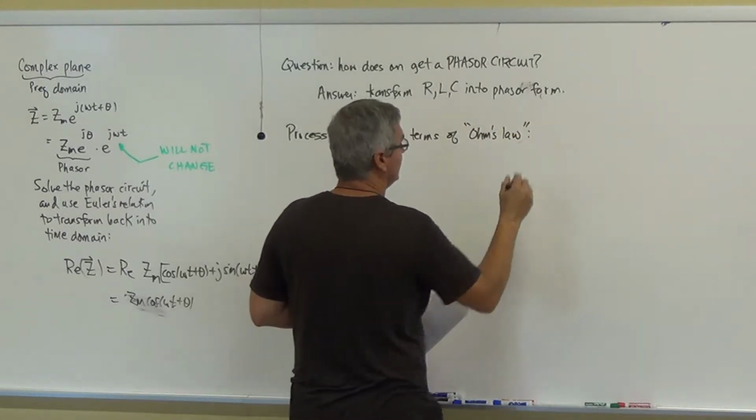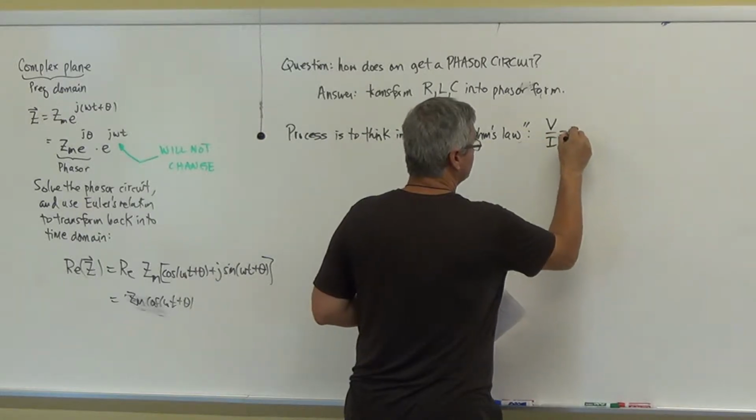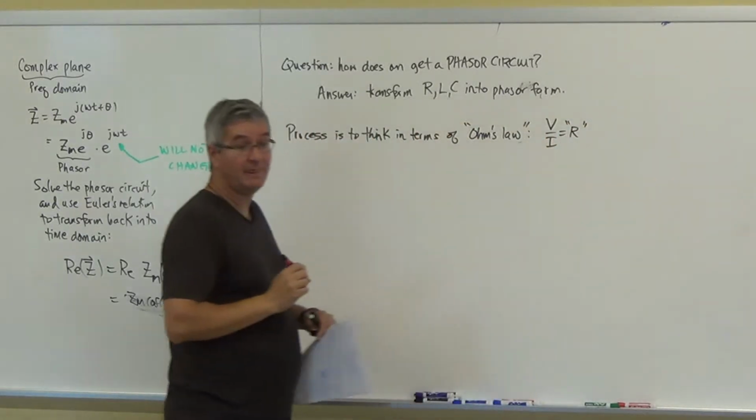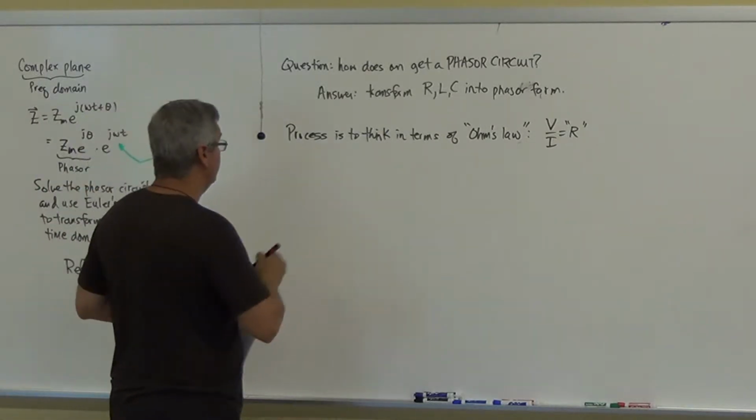Even though I know this is not technically correct, I'm going to use it anyway just because it's simple, at least for two of the three circuits that we're going to be looking at. So this is what we did last time.